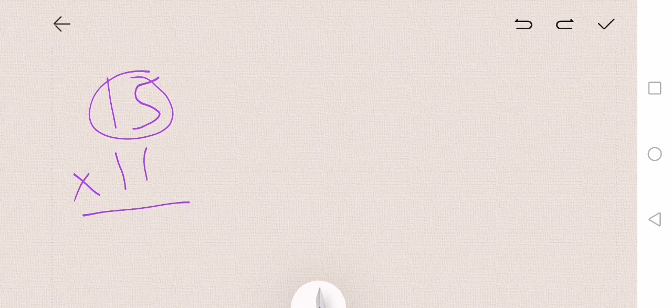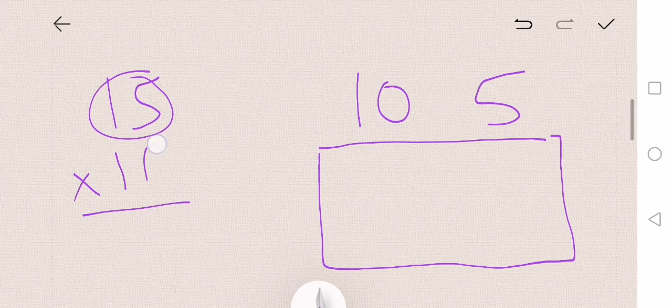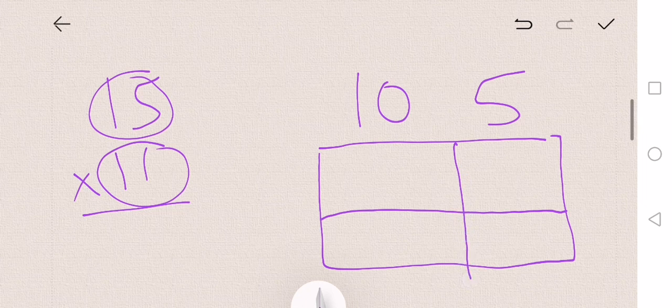So 15, you cannot write down 15, you have to write down 10 and 5, and then create a box like this. But now look, there are two numbers in 11, so I will need two boxes. So 11, instead of writing 11, I'm writing down 10 and 1.